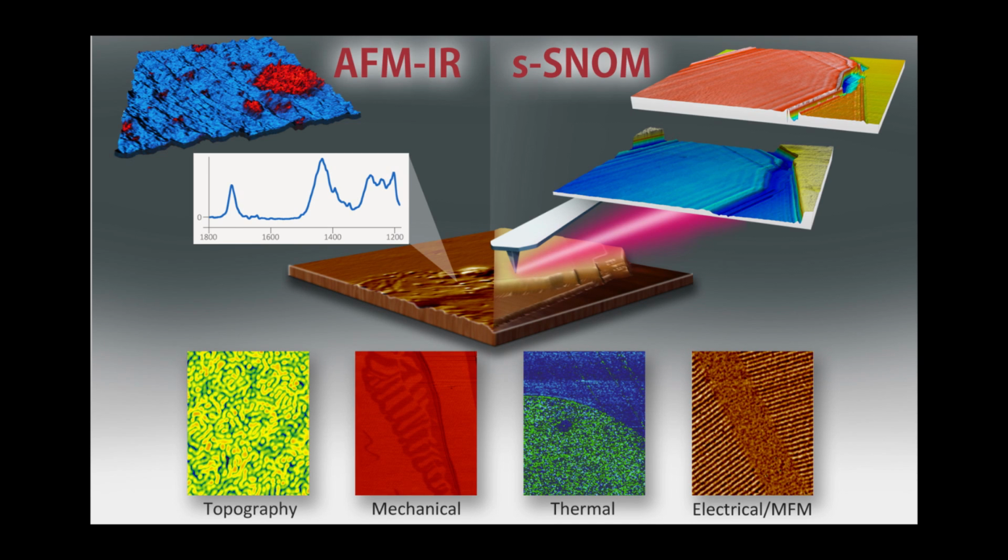There's a question about the new source, and would this source be compatible with scattering SNOM? Typically scattering SNOM requires either a CW or what's called a quasi-CW source, which means a very high repetition rate source, because essentially what you're looking at is the scattered light from the apex of the tip.